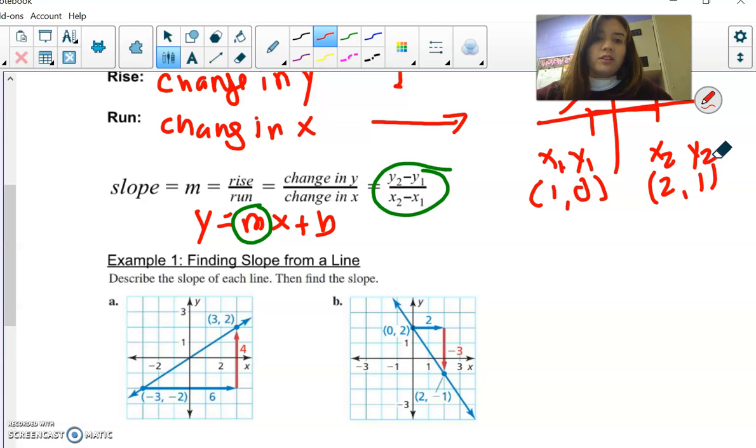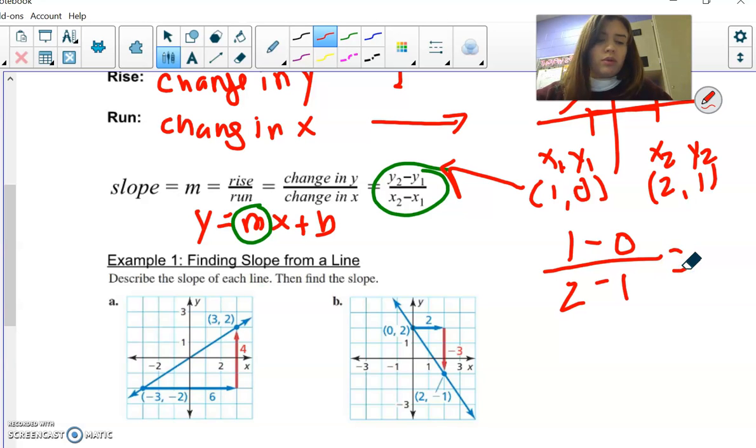So all we need to do is plug them into this formula. Our y2 is 1, our minus sign, our y1 is 0, so that makes our top. Our bottom, our x2 is 2. We have to put our minus, and then our x1 is 1. So that tells us that our slope is 1 over 1. So our slope m equals 1.